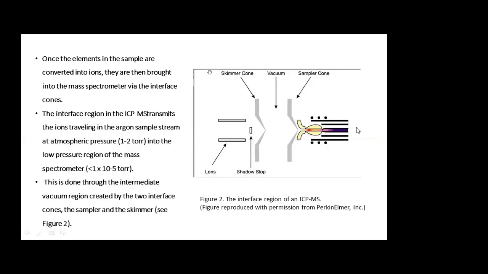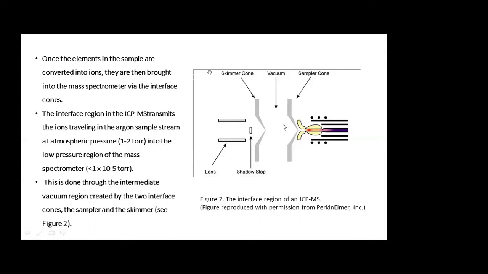As the argon passes with the sample in the ion form, it will be at atmospheric pressure. With the help of these cones, the pressure is reduced drastically to 1 times 10 to the power minus 5 torr. So this is done through the intermediate vacuum region.